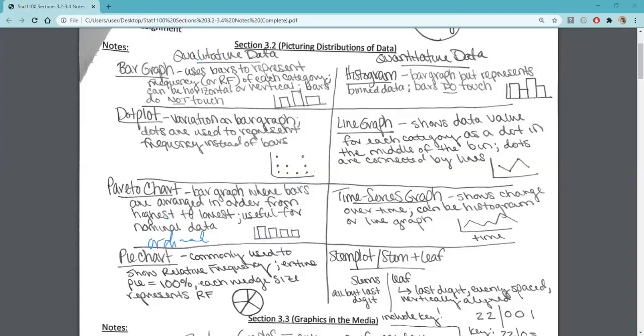We could say bad, fair, good, right? It wouldn't make sense over here for us to say, oh, well, this was good, this was bad, and this was fair, just because it's not in the natural order that we would expect that ordinal data to be in. But with nominal, it's okay.